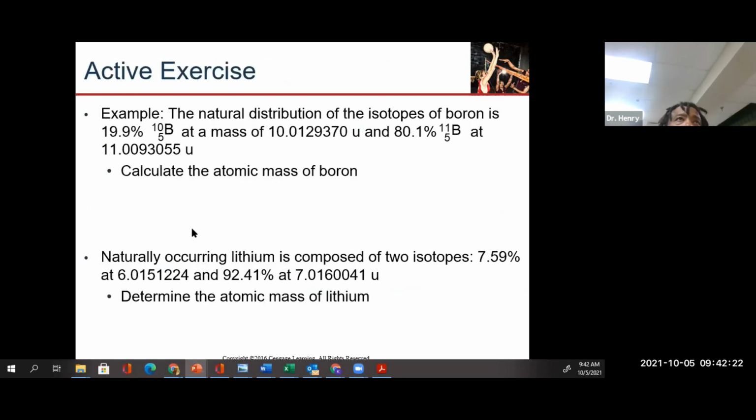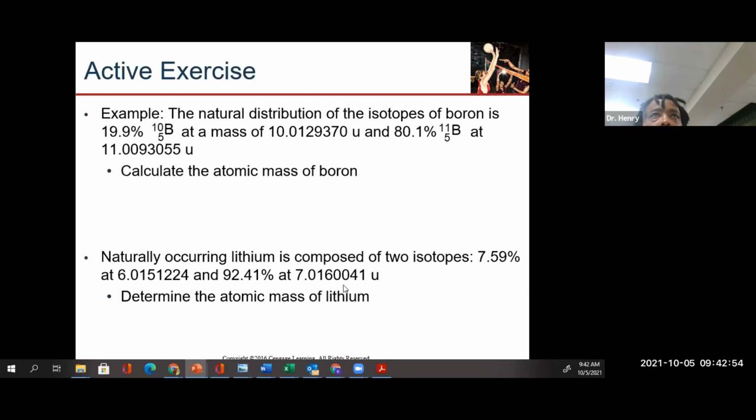Okay. The natural distribution of isotopes of boron is 19.9% of boron 10 at a mass of 10.012937 units and 80.1% of boron 11 at 11.009305 units.